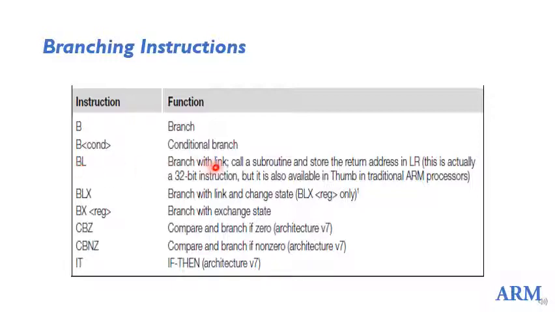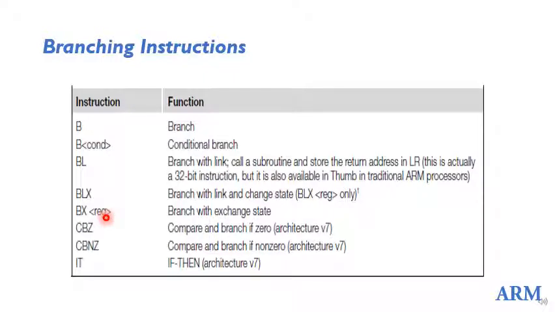This is going to call a subroutine and also store the return address in the link register. If your branching label is contained in some register, then the mnemonic becomes BX, that is BX followed by the register name.